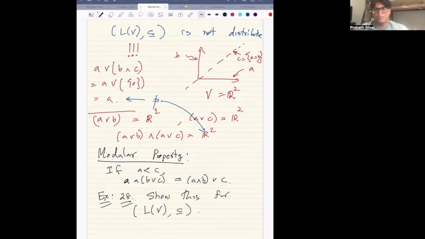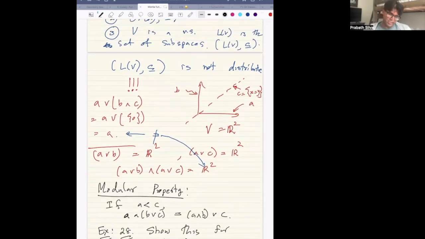This lattice. So the point is, sorry, I'm using the term lattice, okay, I'll define lattice next. The distributive property is not true for this partial order, but it has this modular property.